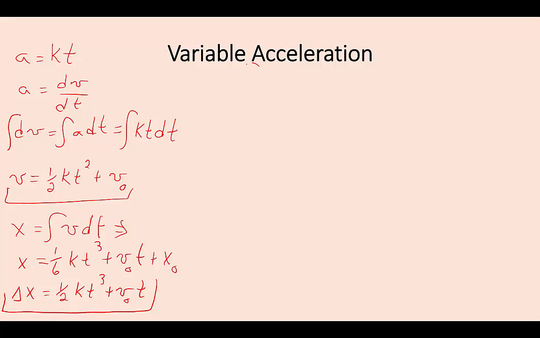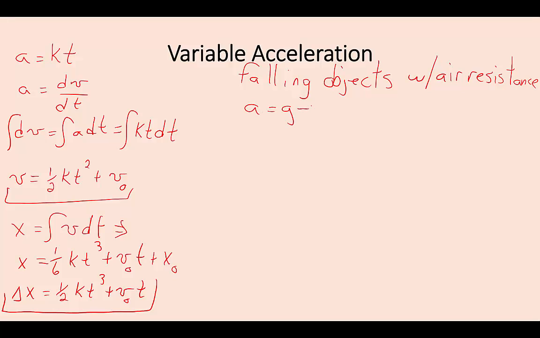So for falling objects with air resistance, we end up with an acceleration equaling gravity minus our changing speed, which would be kv. And again, keep in mind that a is equal to dv/dt, just like we said previously. So dv/dt then is equal to g minus kv.